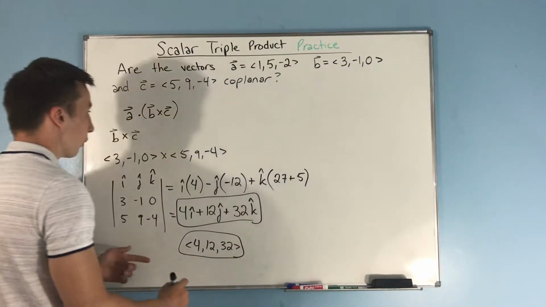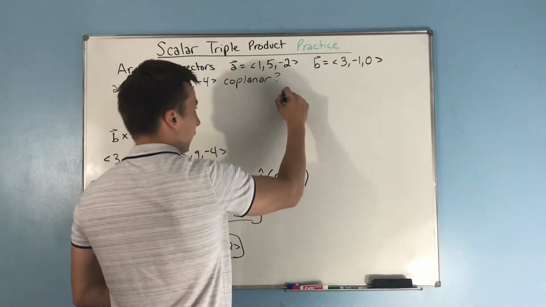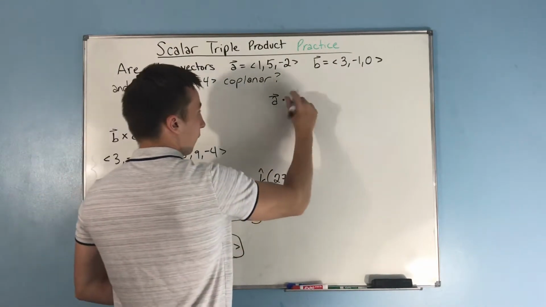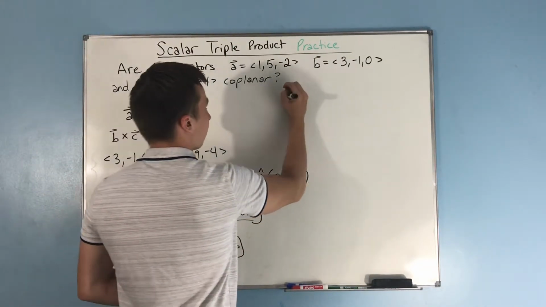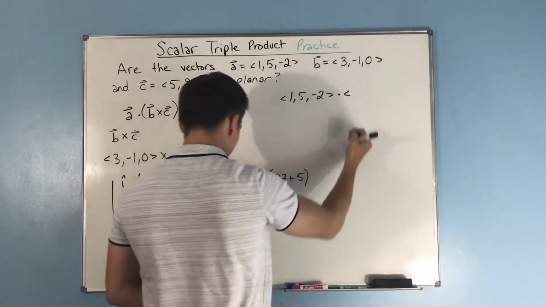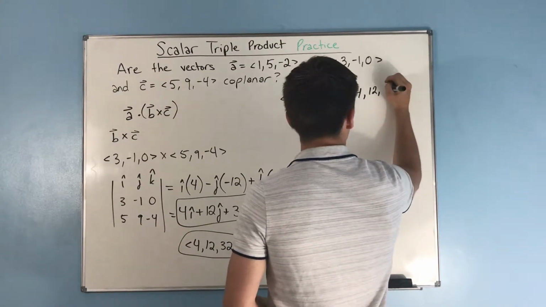Now that is what we're going to plug in for our B cross C when we do our dot product. I'll write out what A is this time. A is <1, 5, -2>, and we're dotting that with the vector we just found, <4, 12, 32>.